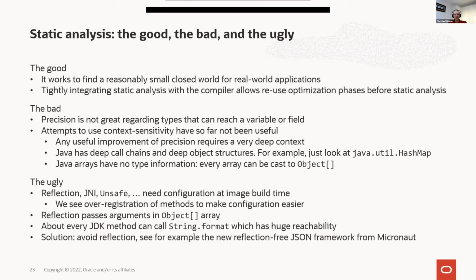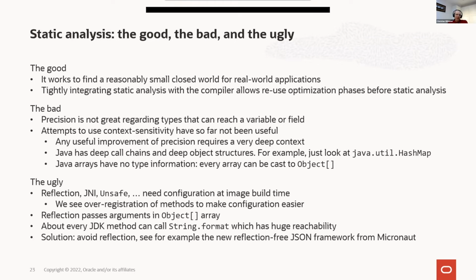That's the good news. The bad news is that the precision of the points-to analysis regarding the types that can really reach a variable or a field is not great. We have had some attempts to use context-sensitive analysis to increase the precision of the static analysis. It wasn't really that successful, so we didn't enable any of that in production. Instead, we are focusing on making the analysis faster and more scalable, even at the cost of a little bit of precision.